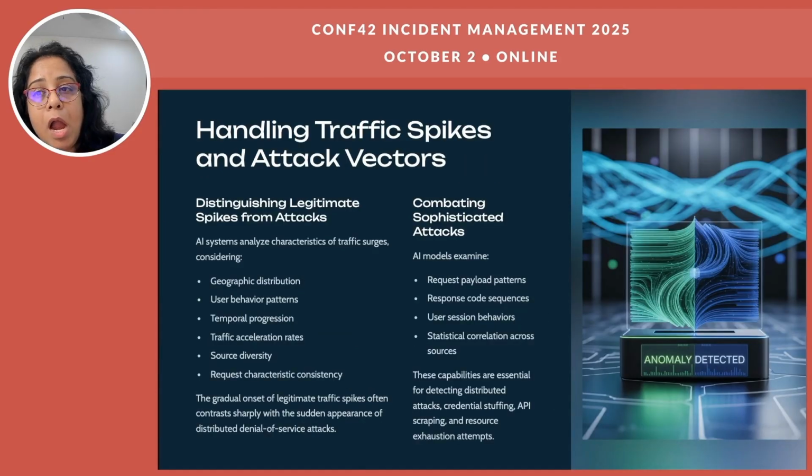Now, how does AI actually distinguish legitimate spikes from attacks in real time? Let's get into the real magic with three specific attacks on Sarah's travel app. Stopping credential stuffing. Attackers take millions of stolen passwords and try them on Sarah's login page. AI analyzes the characteristics of these traffic surges, which helps understand the gradual onset of legitimate spikes that often contrasts sharply with the sudden appearance of distributed attacks.